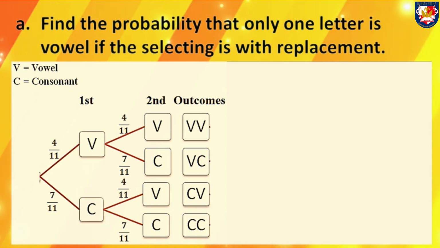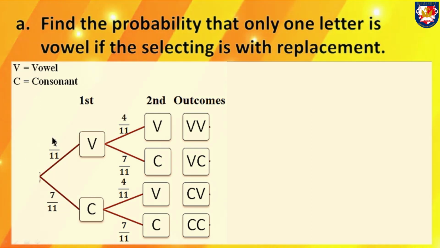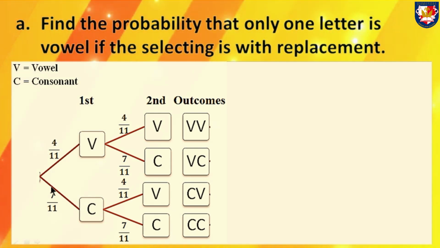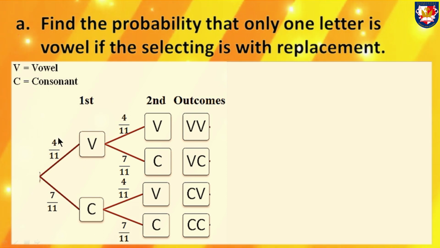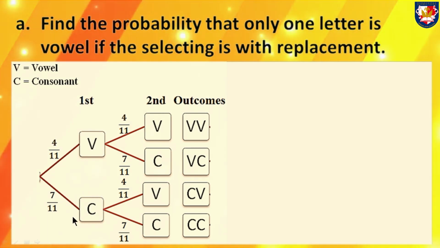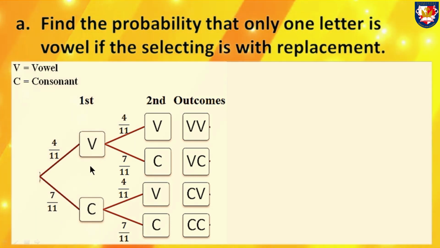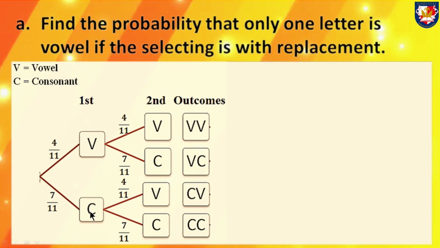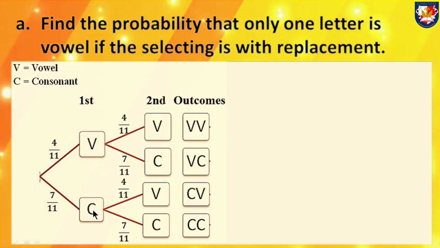So, the probability that only one letter is a vowel if the selecting is with replacement. As you know, in the word mathematics there are 4 vowels and 7 consonants. So the probability that the first letter selected is a vowel is 4 per 11, and the probability that the first letter selected is a consonant is 7 per 11. Whether you get a vowel or consonant, you return it, you replace it.